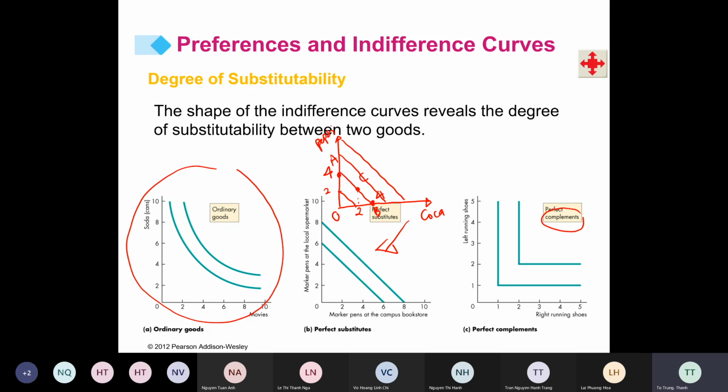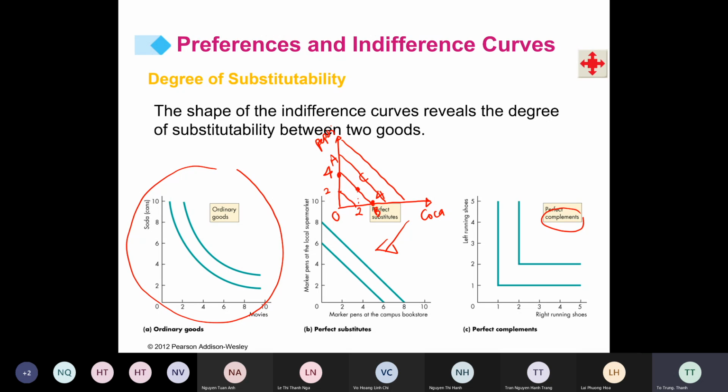Because if you are a consumer, you have to buy or consume one right shoe and exactly one left shoe. And the rate of combining these two shoes is constant, one, right? So if you buy two pairs of shoes, you have to buy two right shoes and exactly two left shoes.